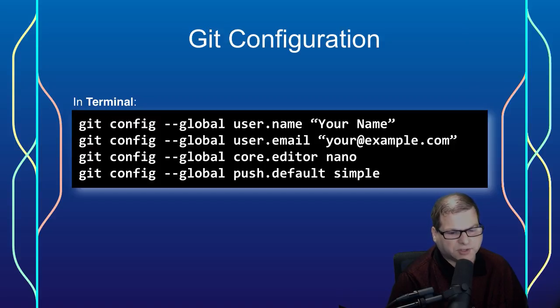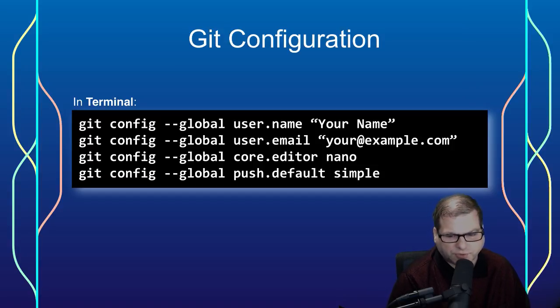Basically, git config --global will save the setting to your user's home directory, then followed by the particular setting we're setting. So our first one is user.name, then in double quotes, your name. The second one will be user.email, then in double quotes, your email address.